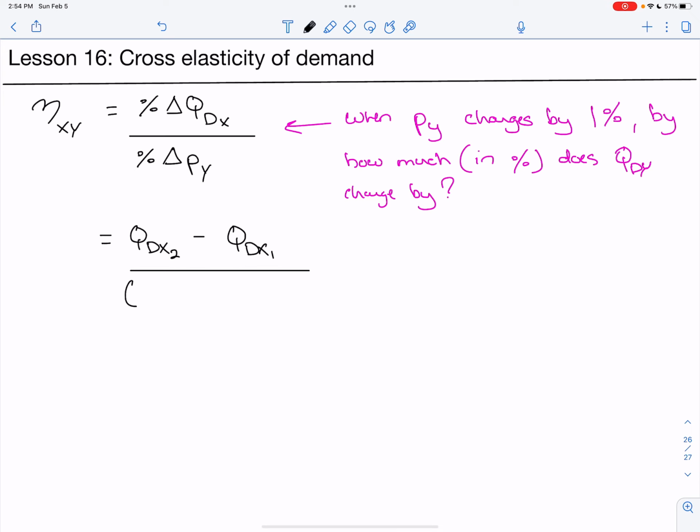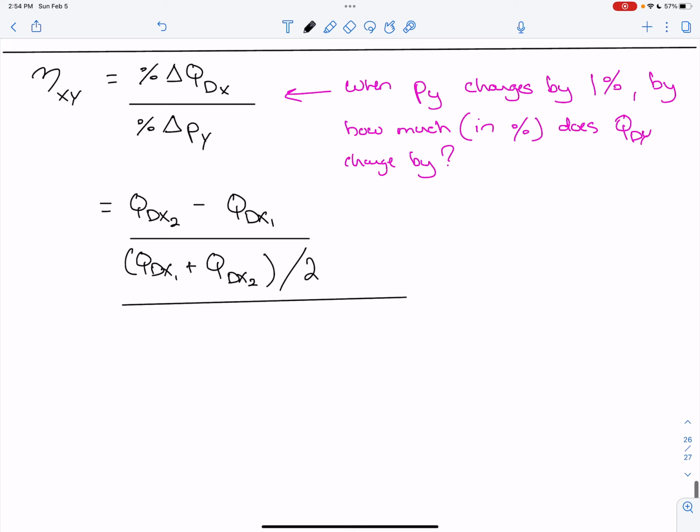Of course, as usual, we take the average of the two, and then we divide all of this by the change in price, the price of Y2 minus the price of Y1, divided by the average. There you go. That's how you calculate the cross elasticity.